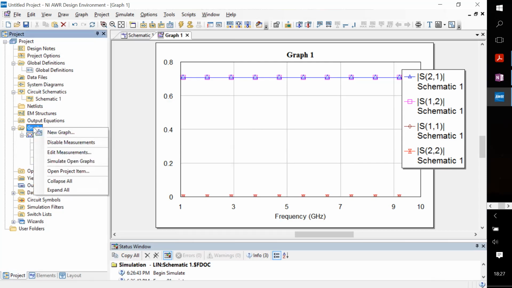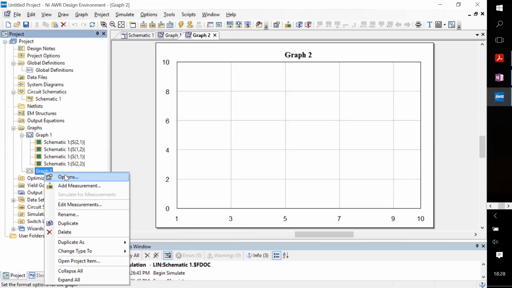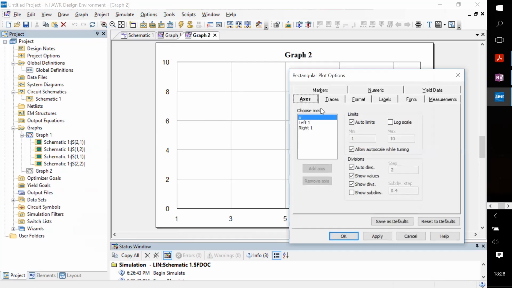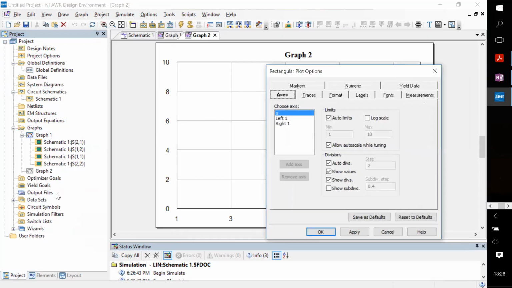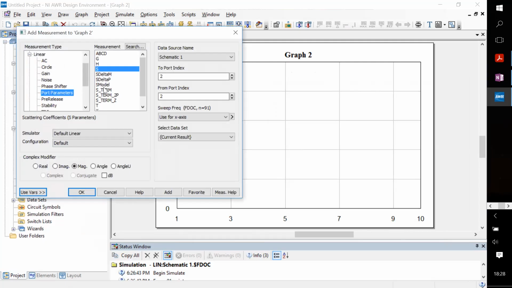We can now look at the impedance matrix elements as well. So let's make another graph and now add measurement. Now we can go to the impedance quantity. So again, in port parameters, let's choose Z. Let's choose Z11. Magnitude is fine.